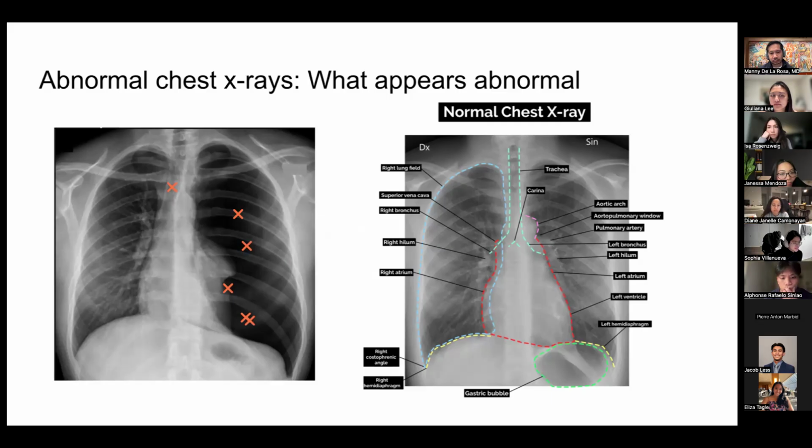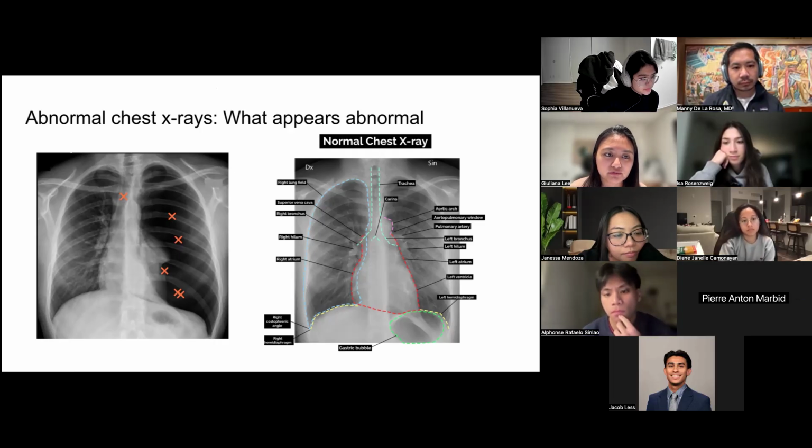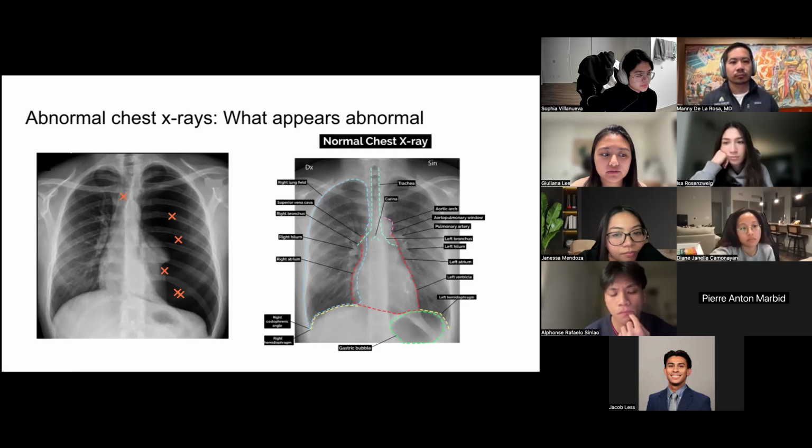Starting with A, the trachea doesn't seem to be straight. Great job. Yeah, the trachea looks like it's pushed towards the right. It's sort of diagonally directed. Wonderful. What else do people see?